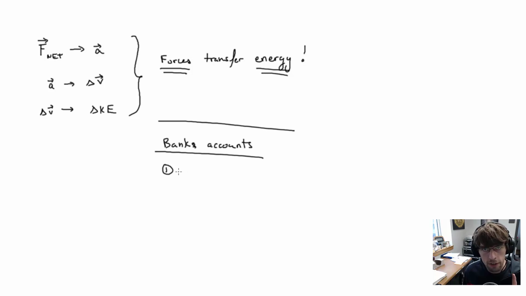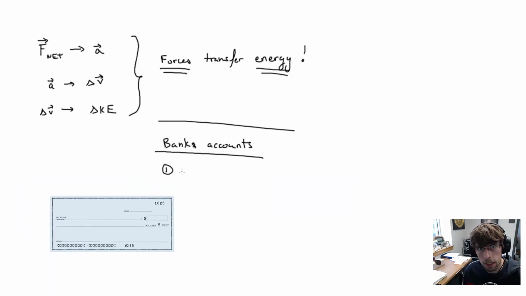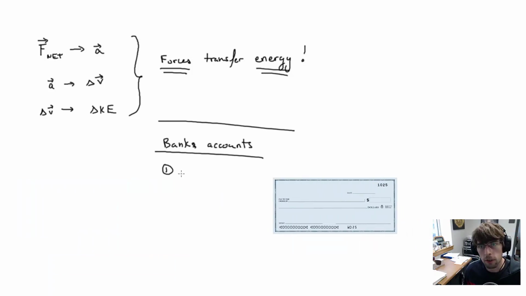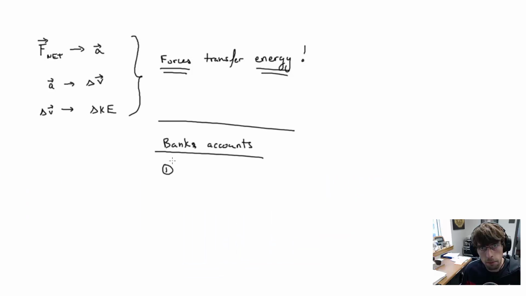Oh, I've got a check that's been drawn, or oh, I've got a deposit being made, or I see an ATM pull out. Okay. I can think of how stuff is entering or leaving my bank account. And like I said, you can do a check, you can do withdrawals, you can do cash deposits, you can do cash withdrawals, etc. So I keep track of how things are moving in and out of my system. That's one way of doing it.